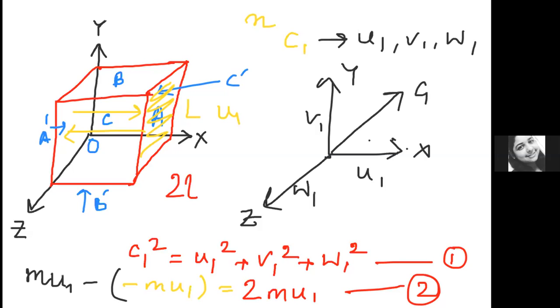The time taken by the molecule to go to the other face and then come back is how much? The time the molecule is taking to go to the other face and then come back is actually 2L by U1.